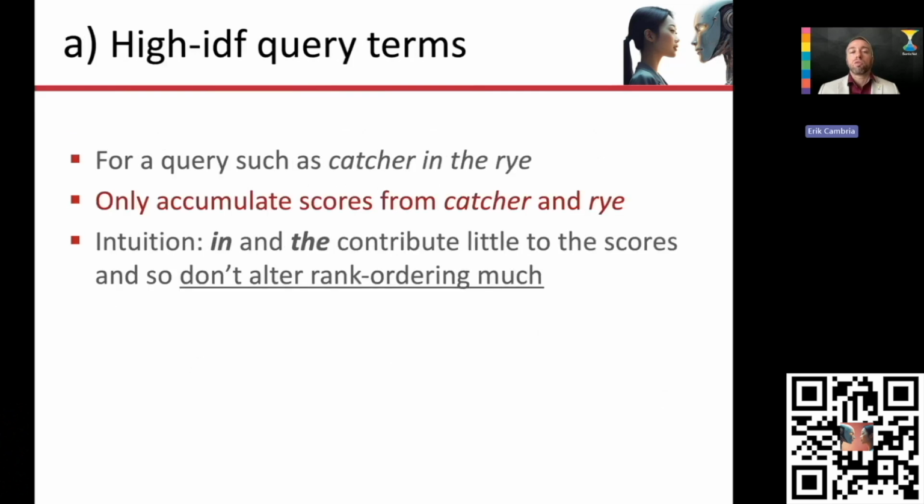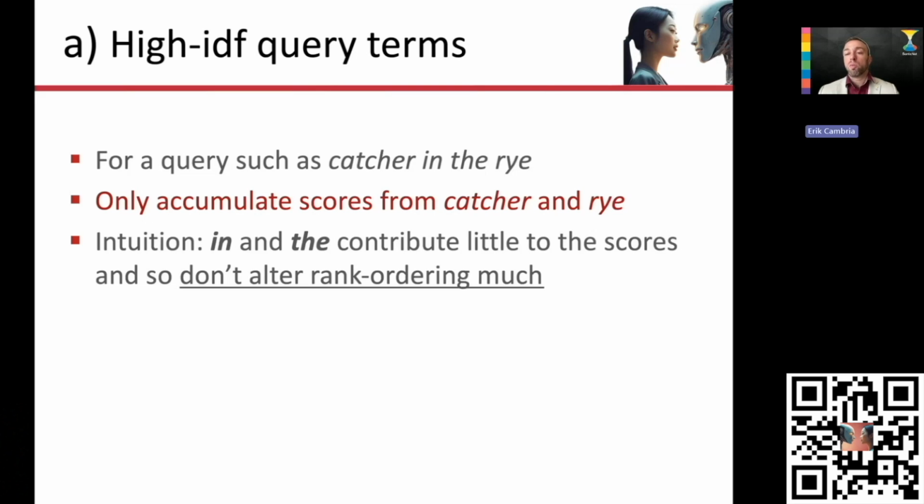So the first one means that I only focus on high IDF. High IDF means what? Again, if you don't remember what IDF is, look at lecture 2. High IDF corresponds to low DF, so fewer documents that contain the word at least once. That means that these are rare terms.